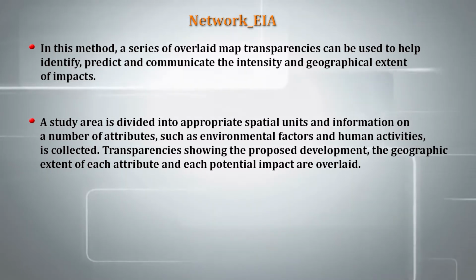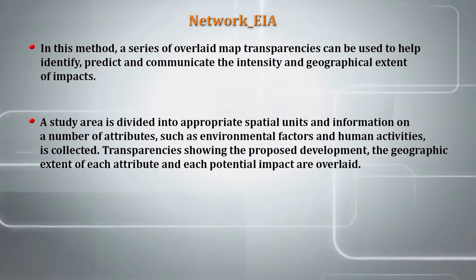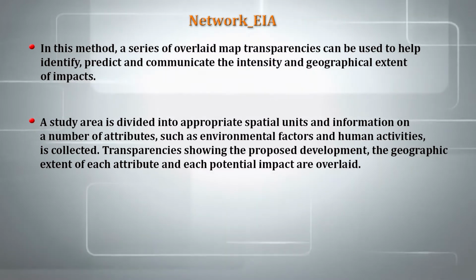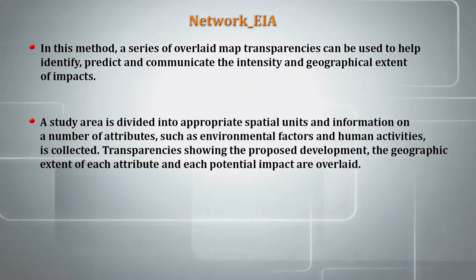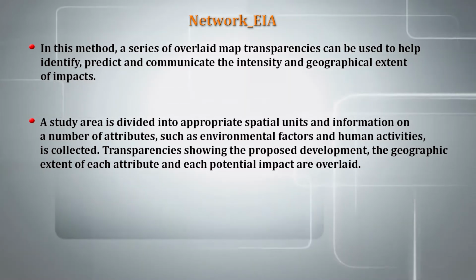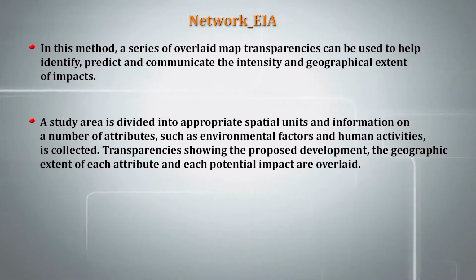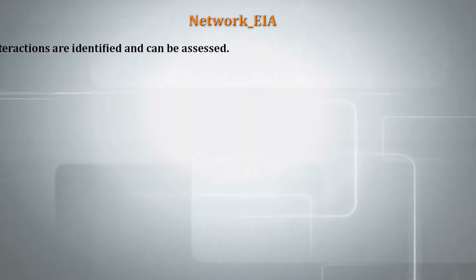The transparencies showing the proposed development, the geographical extent of each attribute and each potential impact are overlaid one above the other. When you place one above the other, that is basically called overlaying, and you will find a kind of spatial interaction that is significant enough and can be assessed.